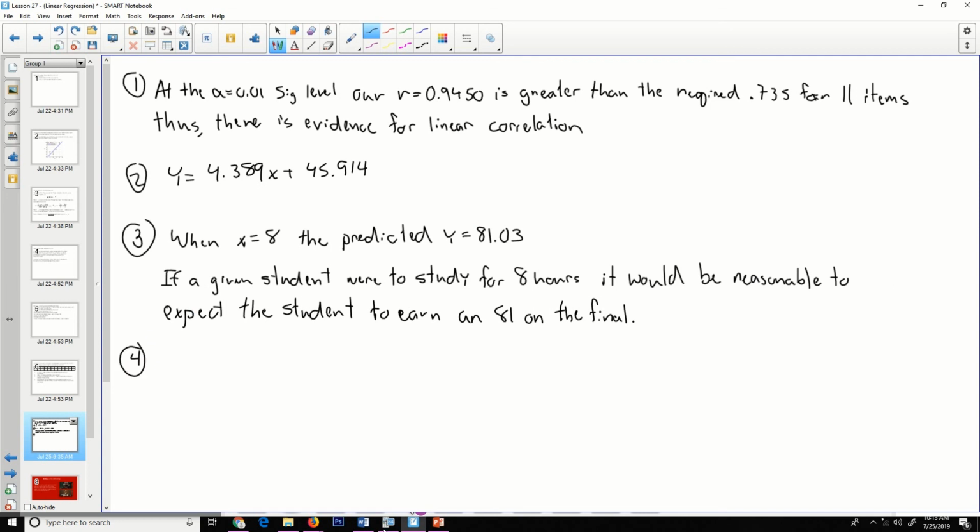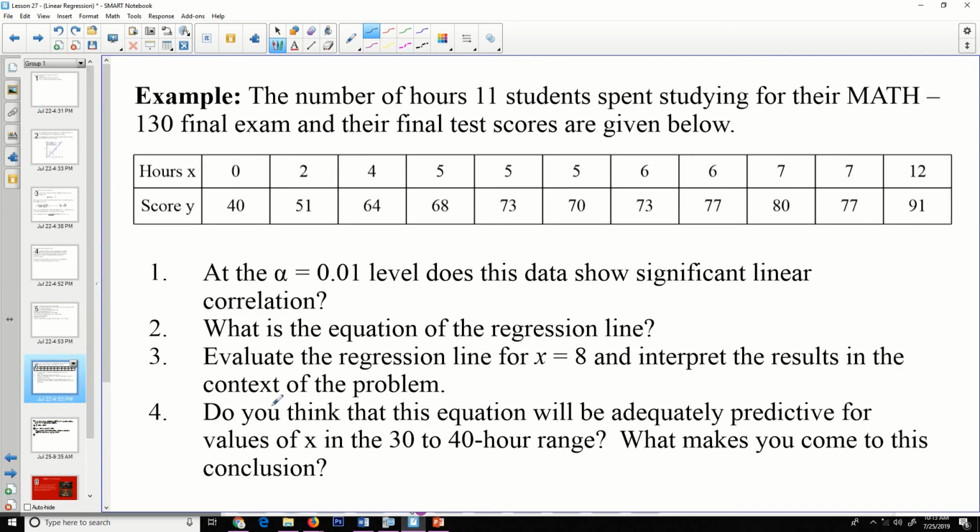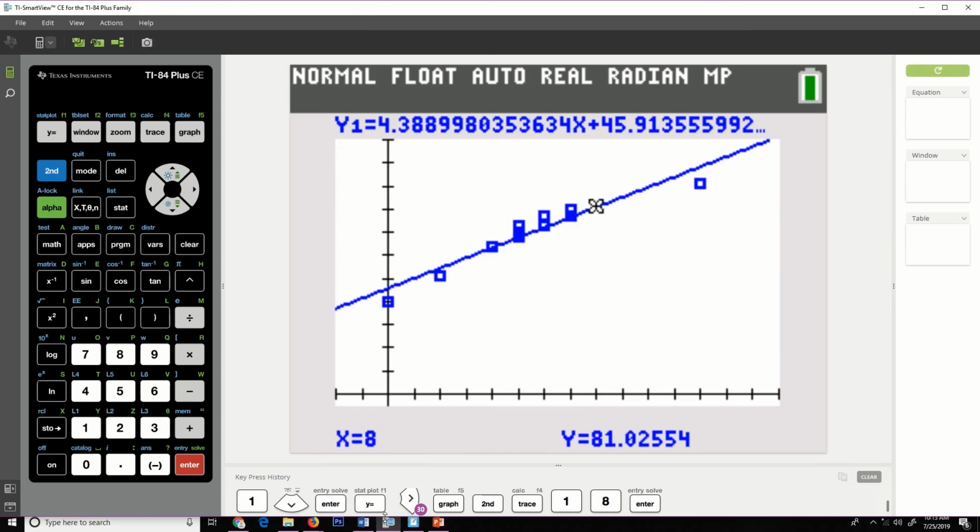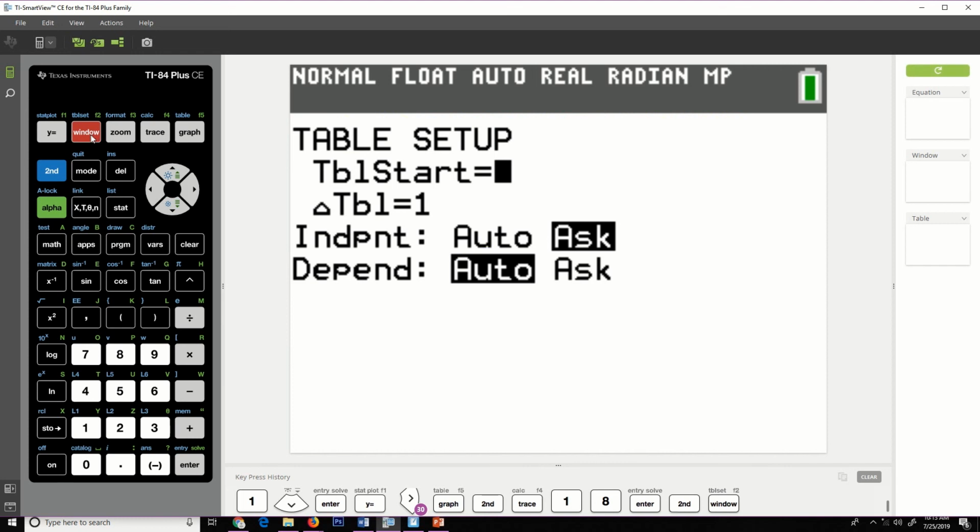So number 4 says, do you think that this equation will adequately be predictive of values of x in the 30 to 40 hour range? What makes you come to this conclusion? Well, our graph doesn't go up to 30 and 40 hours, but we could make a table and take a look at that, and that's fairly easy. I'm going to go second, table setup, and make sure this is set to ask.